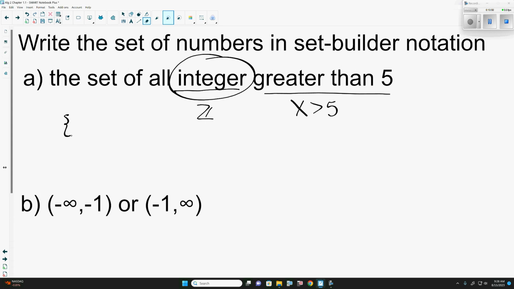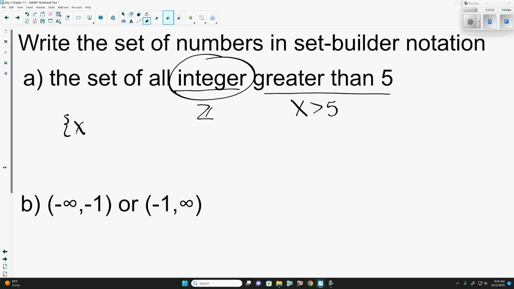So we start off with a brace, because as we wrote on the back of the paper, the brace describes our number type, such that our description. So x, we can leave x by itself if we're talking about all real numbers. But here we're not talking about all real numbers. We're talking about integers.